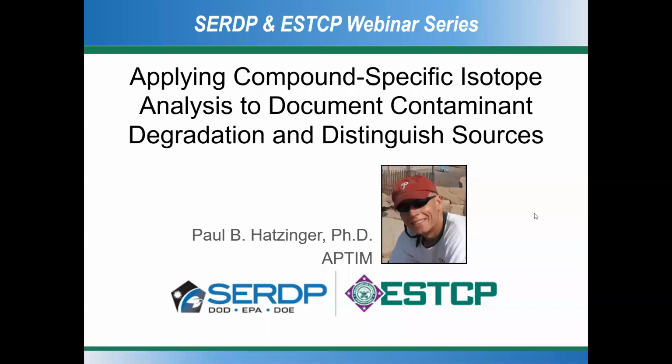Great, thank you, Rula. So today we're going to take a little tour of stable isotope analysis and how we can apply this to many of the different contaminants of concern that we have at sites within DoD and other areas.